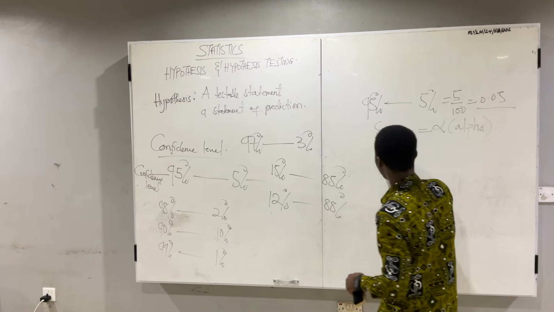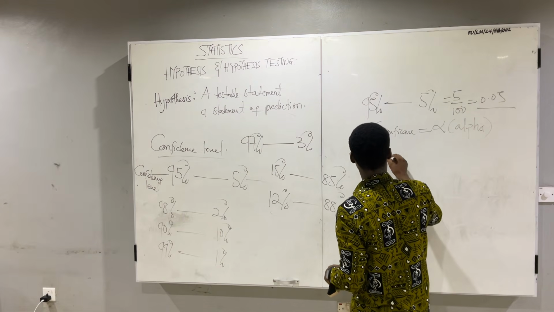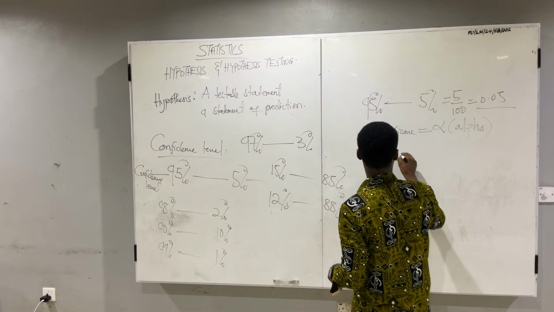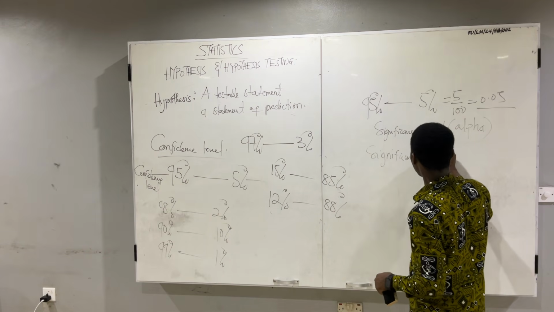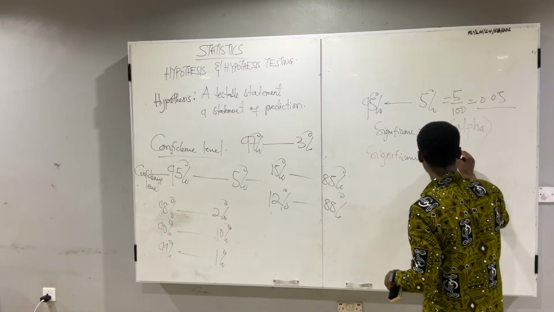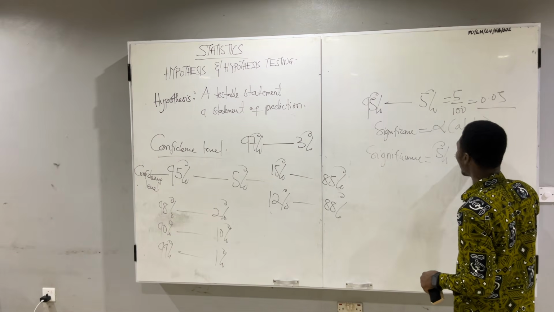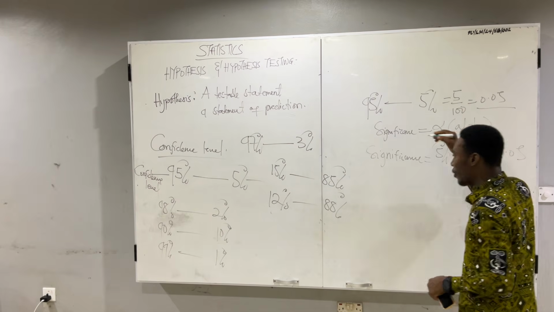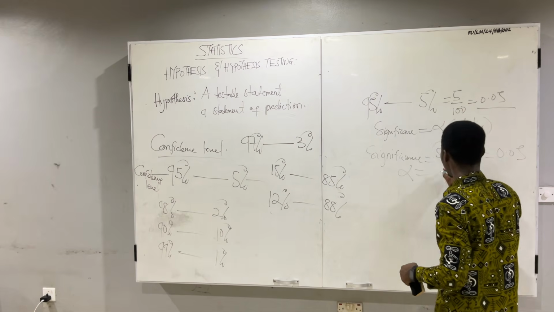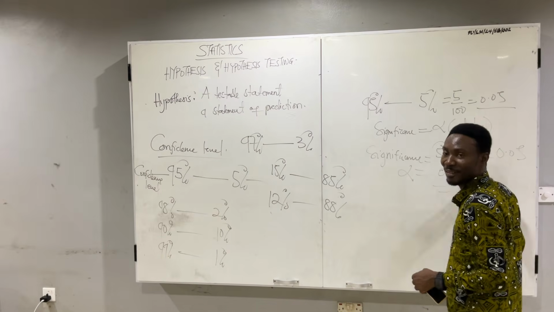But the significance, you can say significance. So for a 95% confidence interval, significance can be 5%. Or you can say 5 over 100. Or you can say 0.05. But when you are writing alpha, write the decimal one, 0.05.